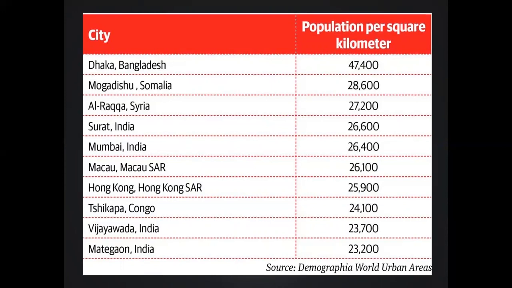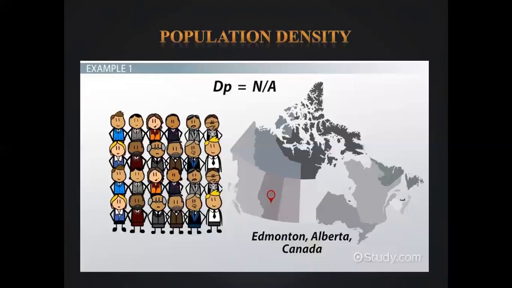Dear cadets, through the picture, we can see that there are some cities and the corresponding population per square kilometer are given. Again, from the very picture, we may come to know the population density.